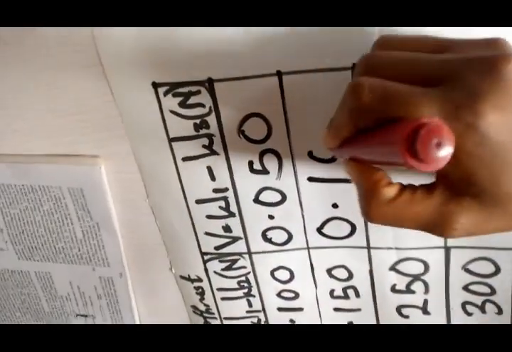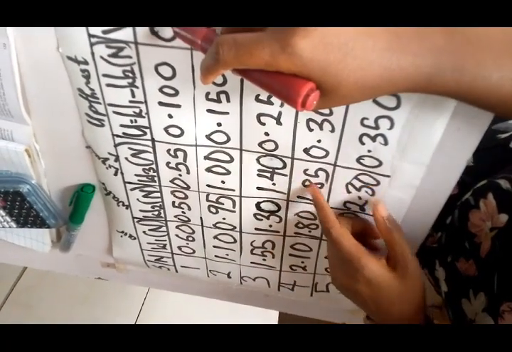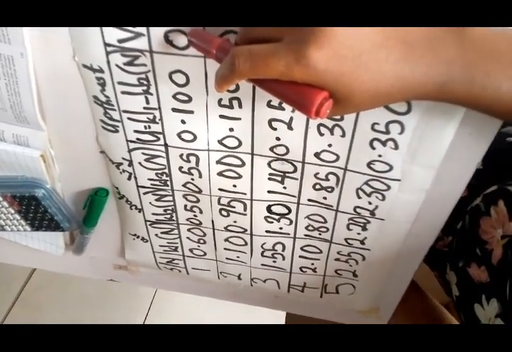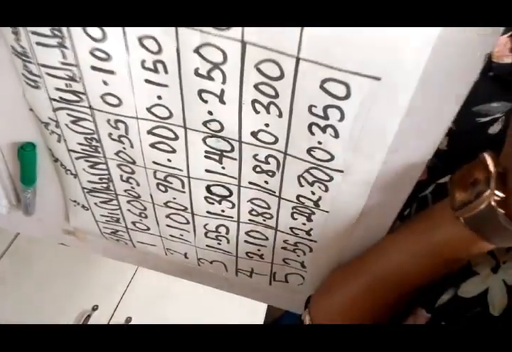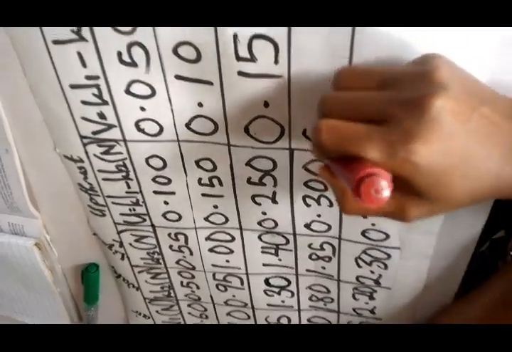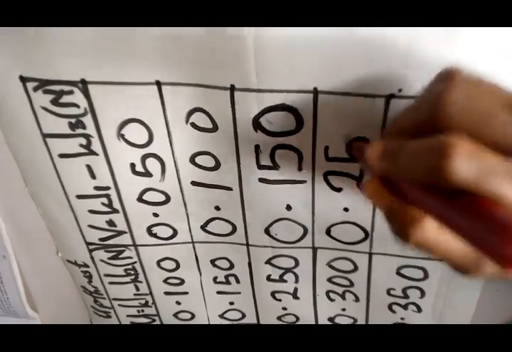And the next one is 1.1 minus 1, 0.1, then 00, so that it will be in 3 decimal places. 1.55 minus 1.40, that is 0.15. I'm adding the zeros to have 3 decimal places. So the next one is 2.10 minus 1.85, 0.25. So I'll record 0.250.